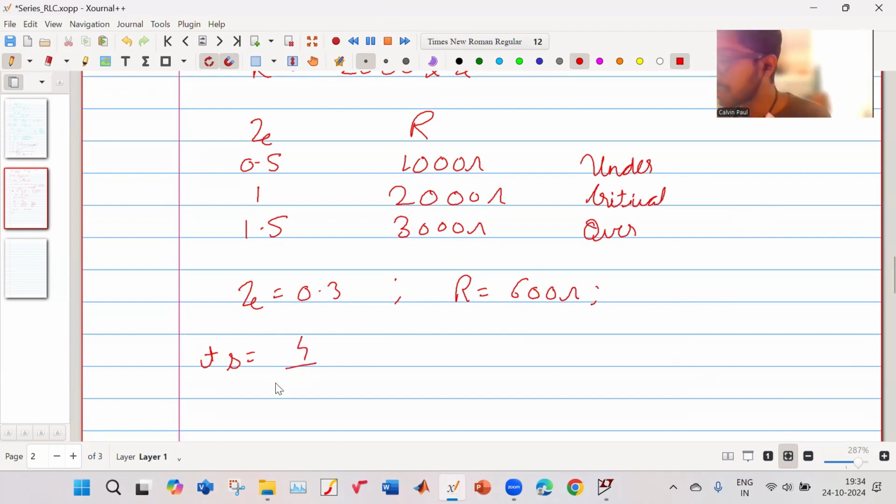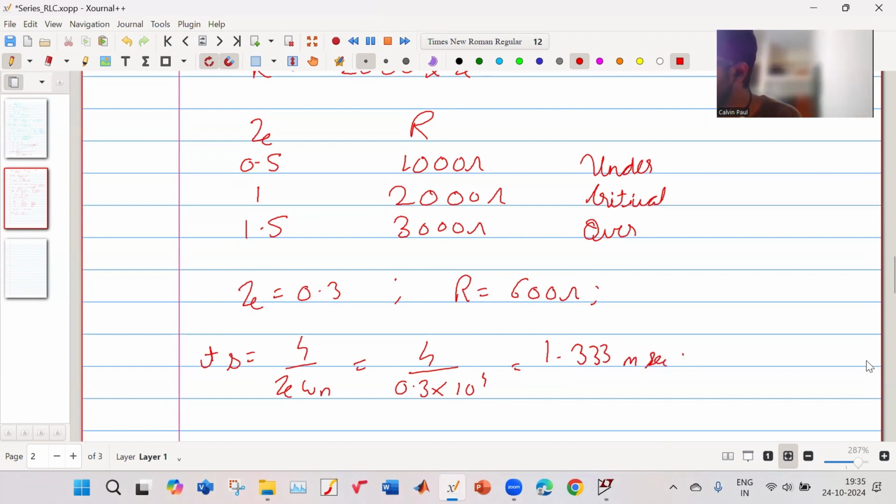My settling time is given by 4 by zeta omega n. This is 4 by 0.3 into omega n, which is 10 to the power 4. So let me use the calculator. So this comes out to 1.333 millisecond.